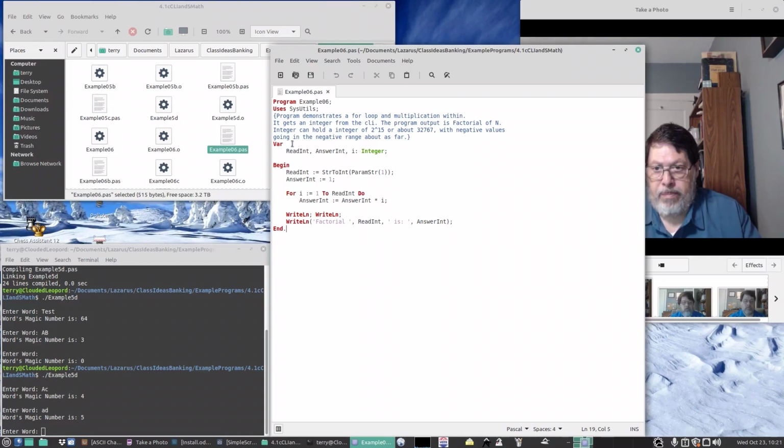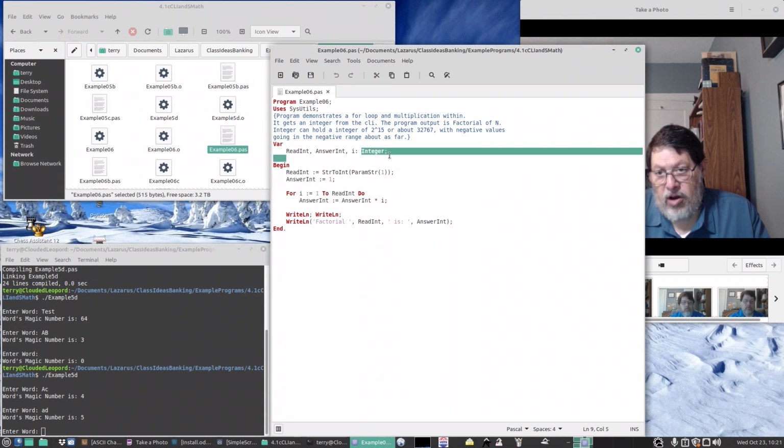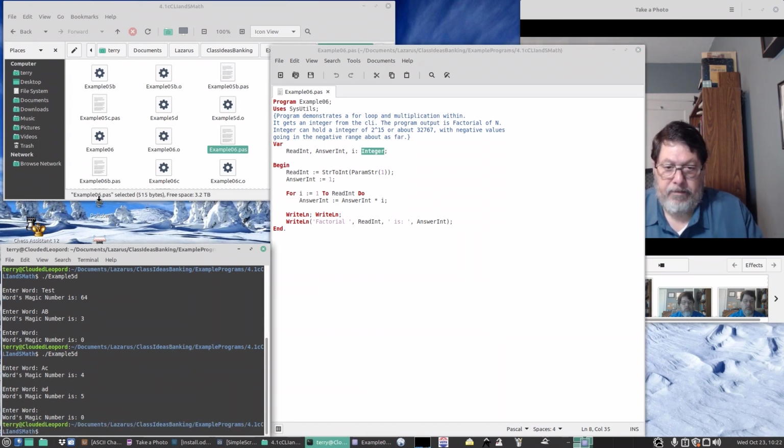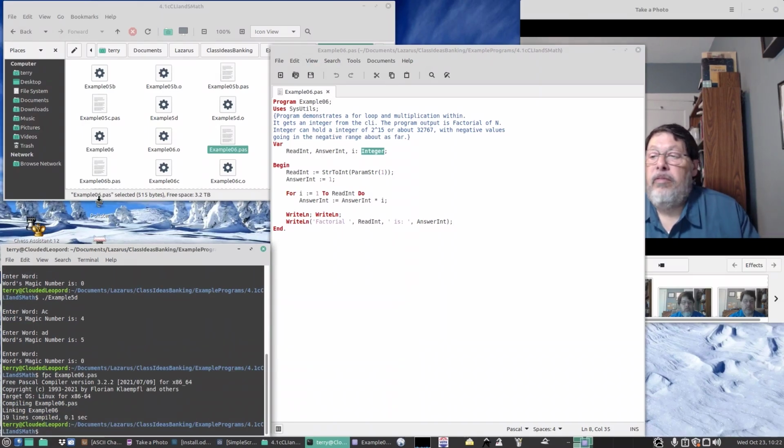Now here the type is integer. And we know the limitations of integer being that you can't have a value above 32,767. And it turns out that factorial number builds very quickly.